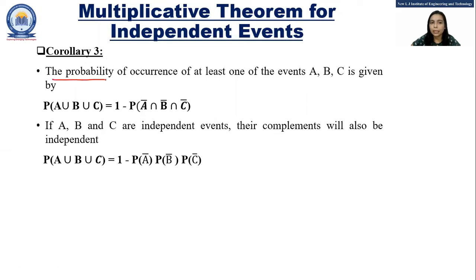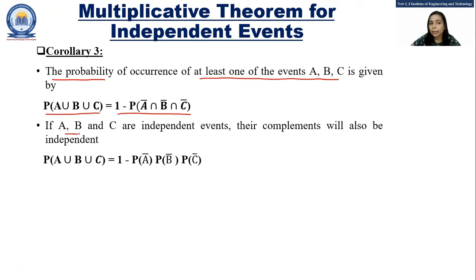So the probability of occurrence of at least one of 3 events A, B, C is given by P of A union B union C, which is equal to 1 minus P of A bar intersect B bar intersect C bar, as we have already discussed in the previous lectures as well.